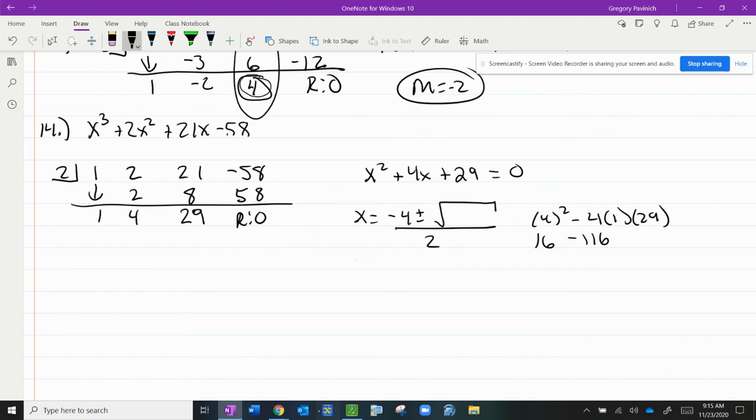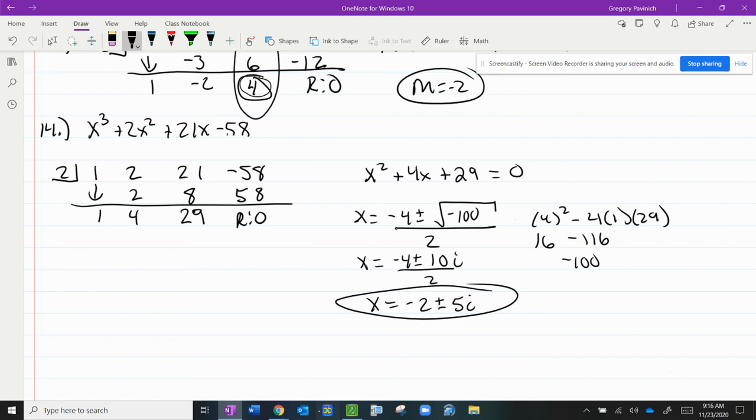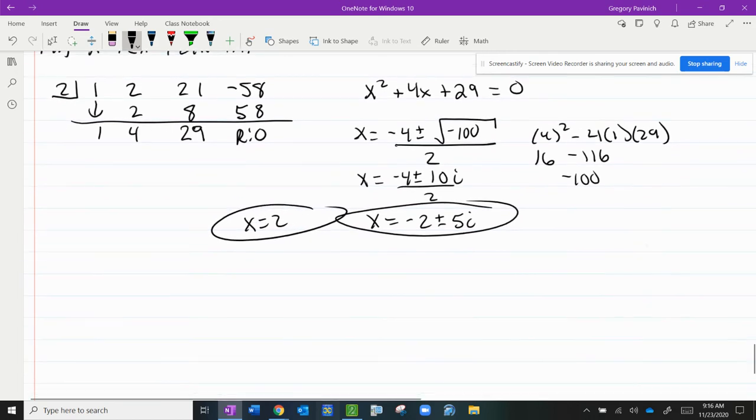Well, that's a little bit better. I like that. And so I have x is equal to negative 4 plus or minus the square root of 100i divided by 2. So x is equal to negative 2 plus or minus 5i. Much better. Okay, so there's my solutions. I had the real root of 2, and I had 2 complex imaginary roots.